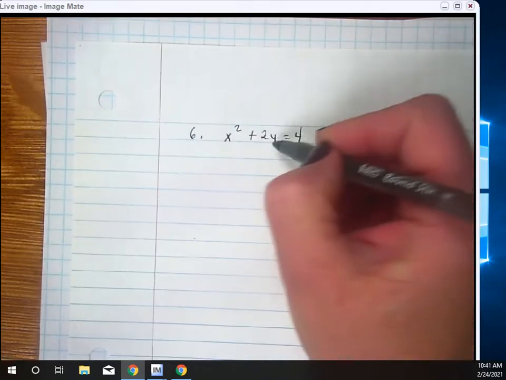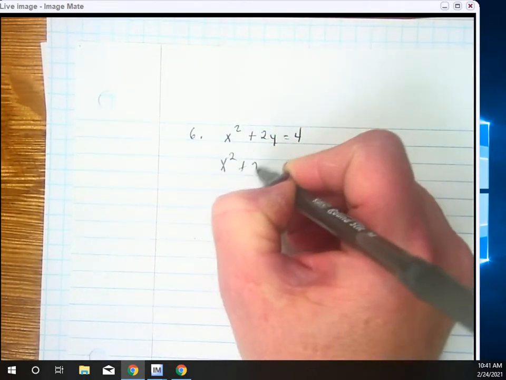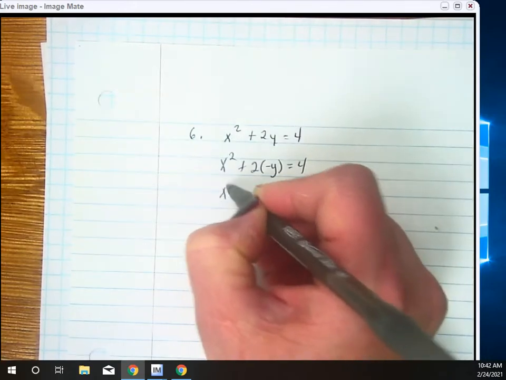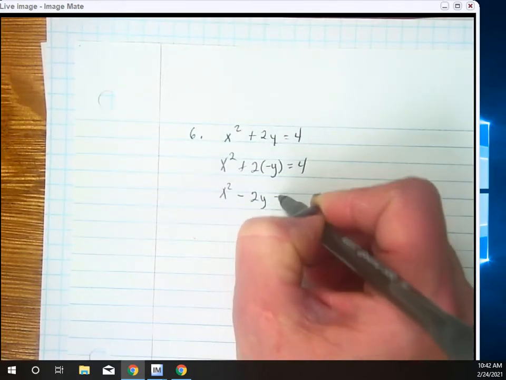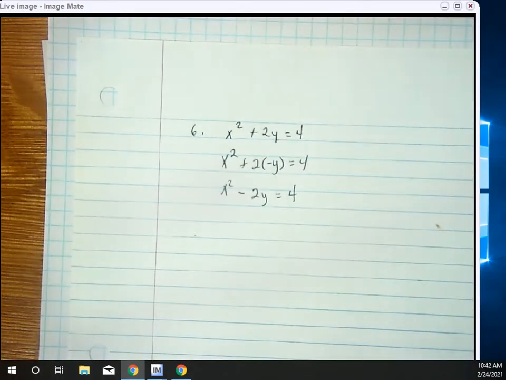So if I change this y to a -y, do I get the same graph or the same equation? No. What's changed?